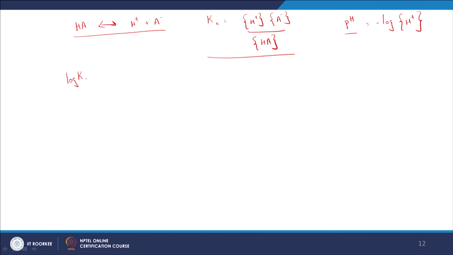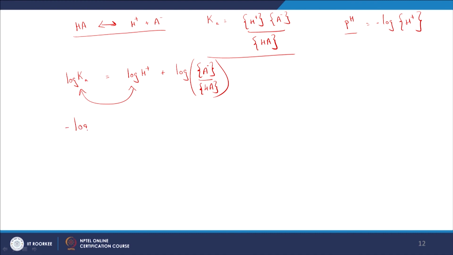Log of Ka is equal to log activity of H plus plus log of activity of the deprotonated form by activity of HA, right. That is what we have here. So, here I am going to swap these two variables.